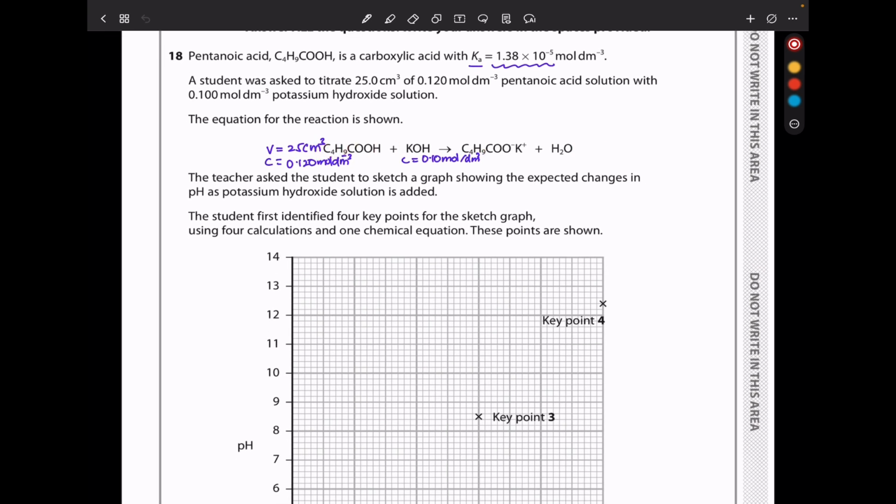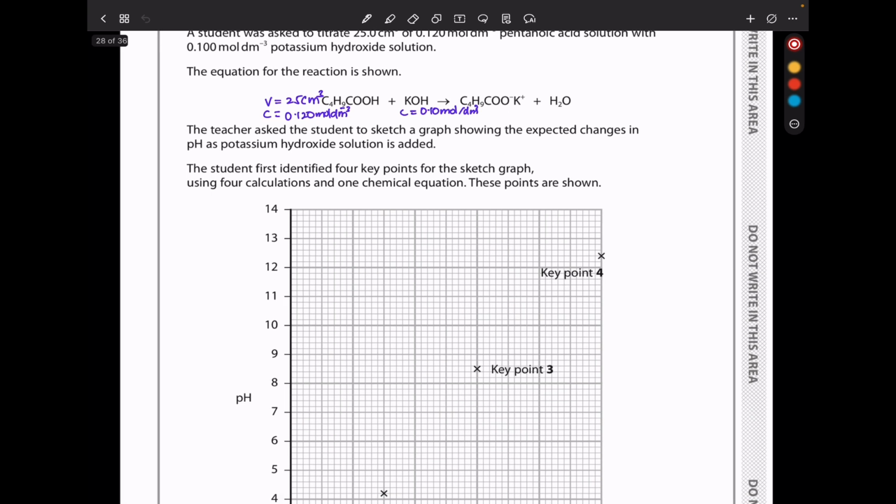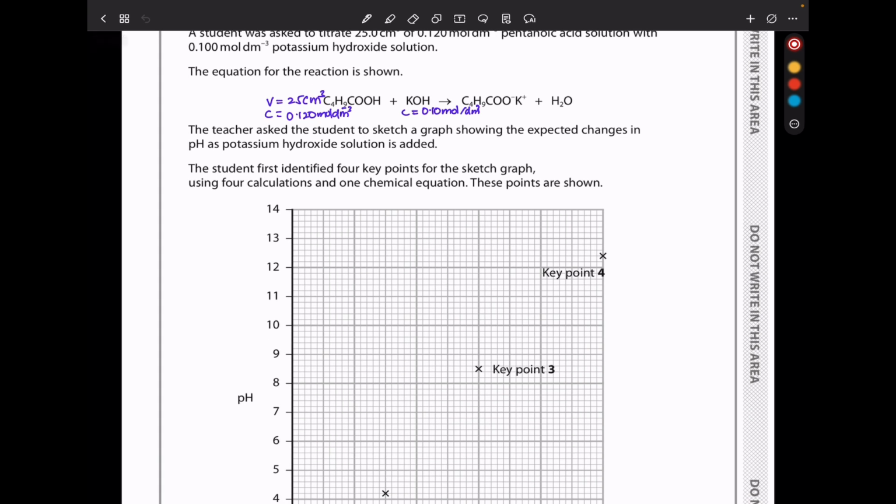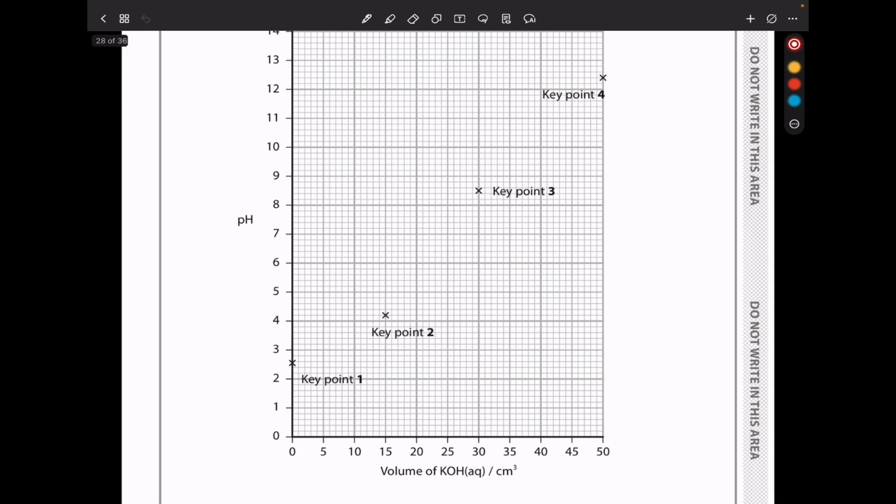So this is the equation for the reaction, and I placed the components from the question. They say the teacher asked the student to sketch a graph showing the expected changes in pH as potassium hydroxide solution is added. The student first identified 4 key points for the sketch graph using 4 calculations and 1 chemical equation. These points are shown. So we can see these points here.